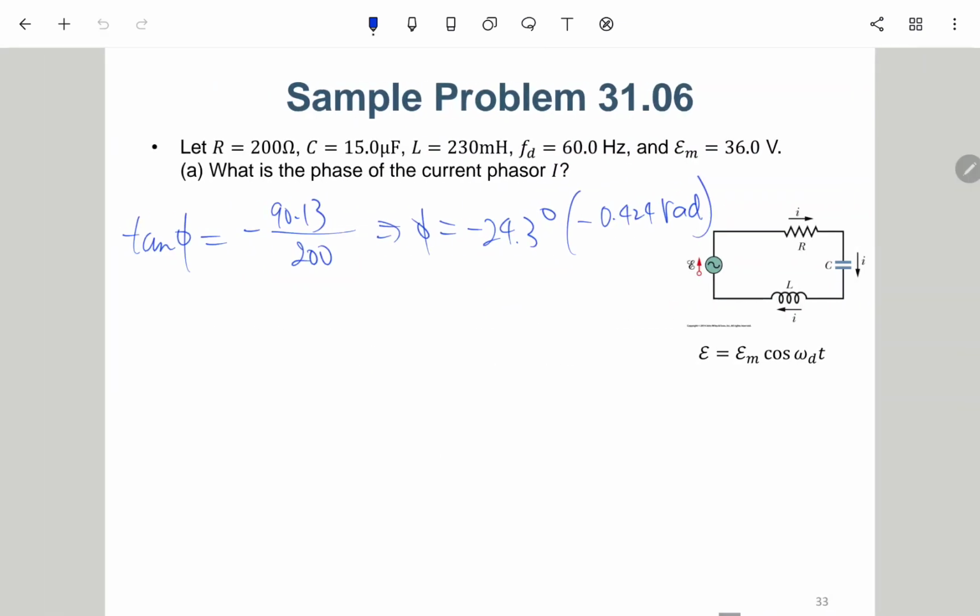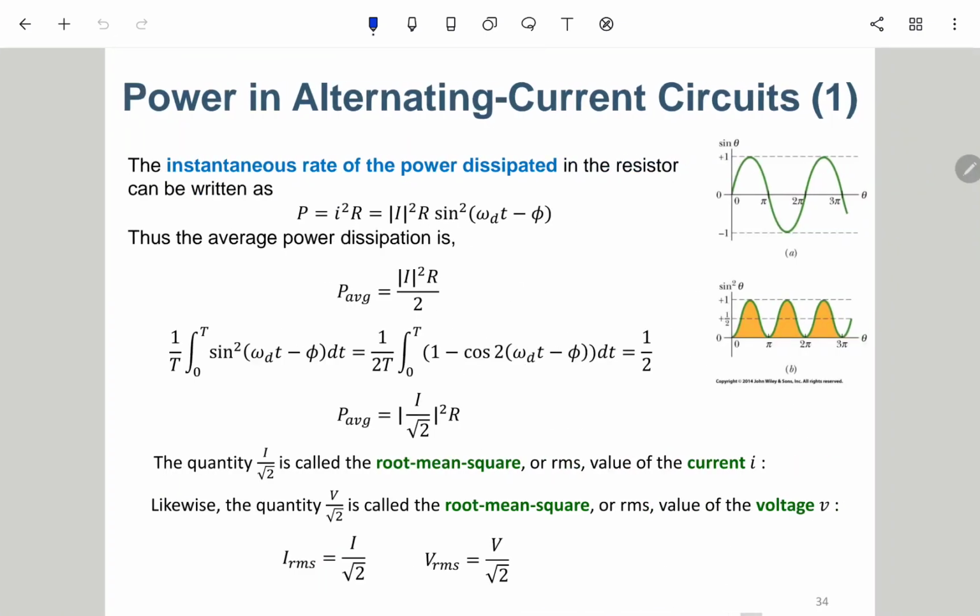Okay, so here we talk about the alternating current circuit.